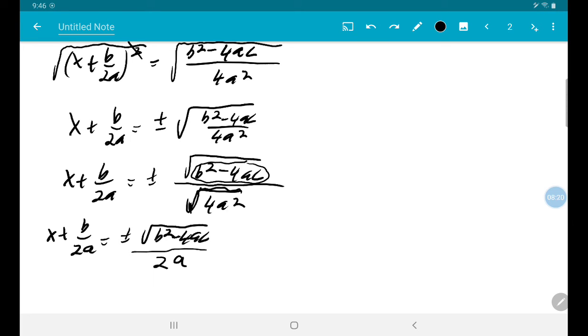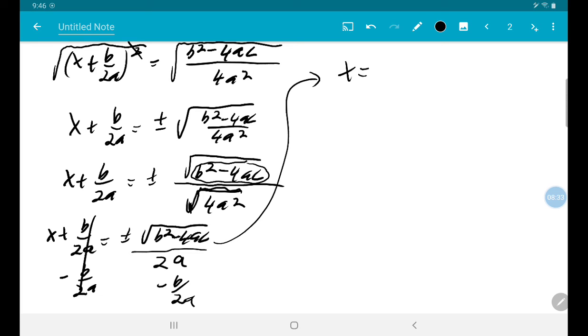So what remains to do next is to subtract b over 2a from both sides. So from there I get x equals, well, the square root of b squared minus 4ac over 2a minus the b over 2a.